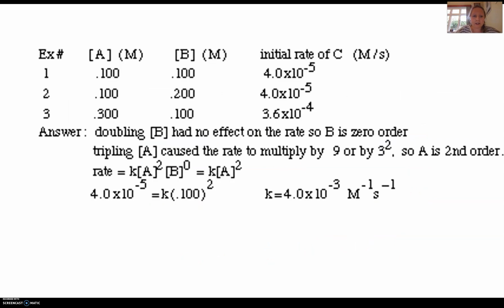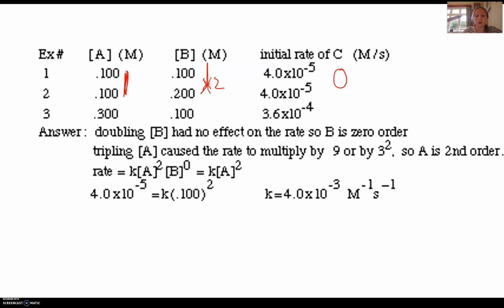Okay, here's another example. Here you can see I've snapped all these off the internet, which is why they look a bit ugly, but you get the gist. So let's look at B first of all. A's being kept constant. When B is doubled, the rate does nothing. So it's zero order, which means that B is having no effect on this rate of reaction.